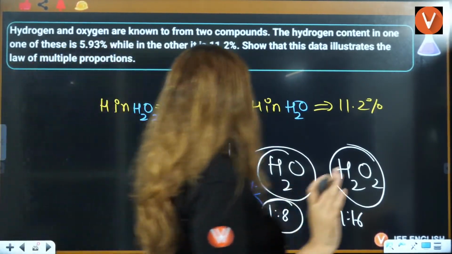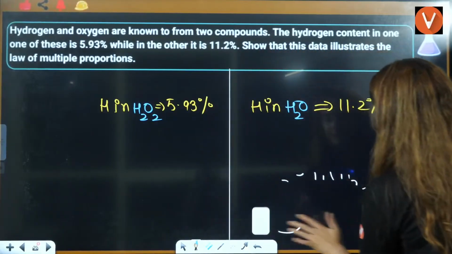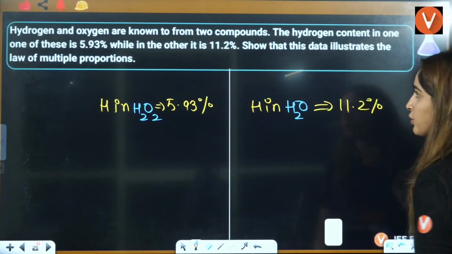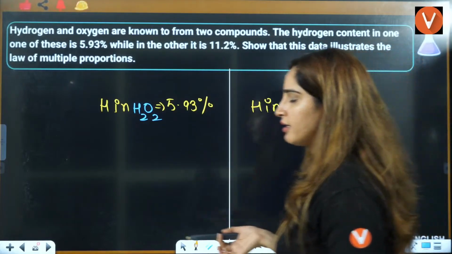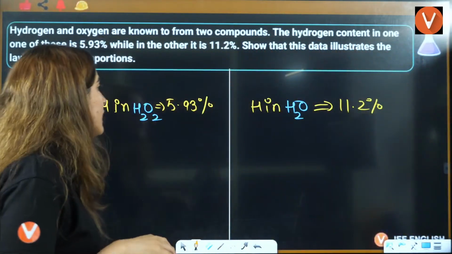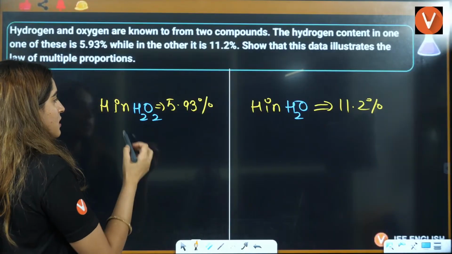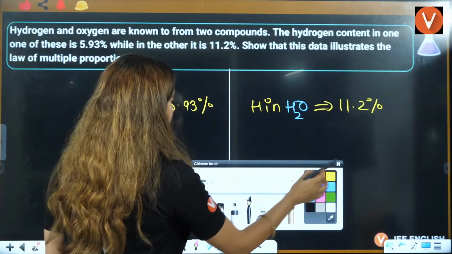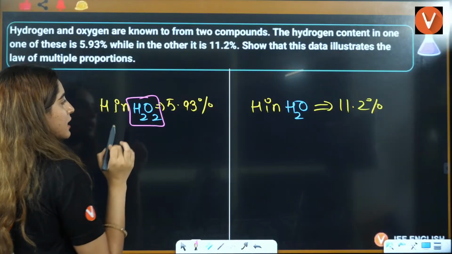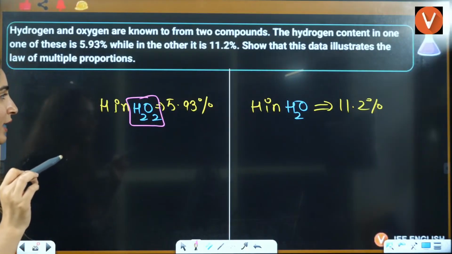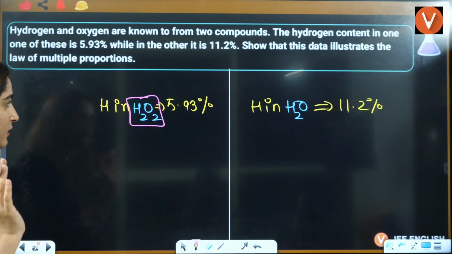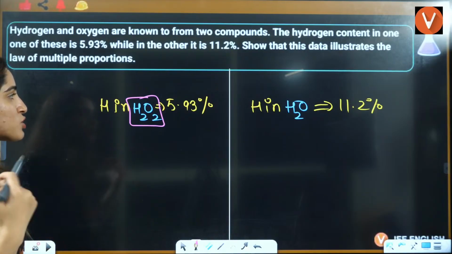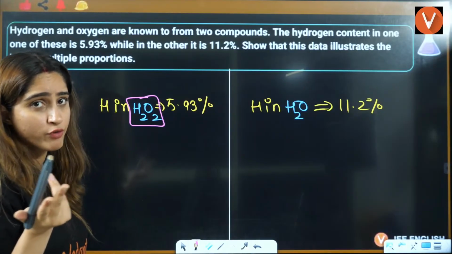Firstly, that thing should be clear in your head. Once this is clear to you, things are going to be easy for you, right? Now you just need to tell the data here. Here I am fixing the hydrogen content, and you need to find how much amount of oxygen you are getting from there.